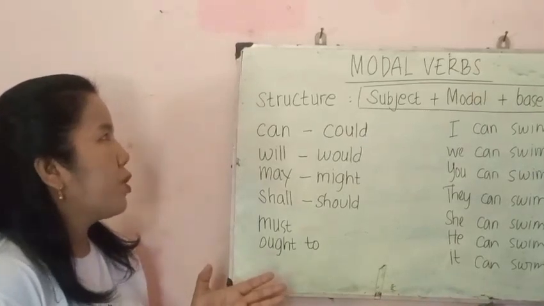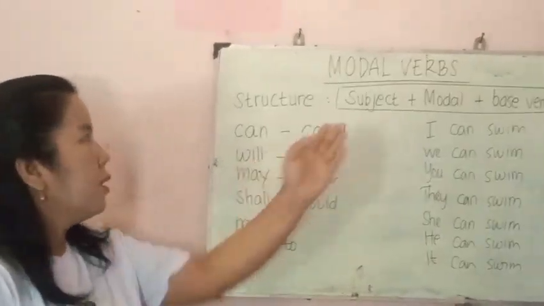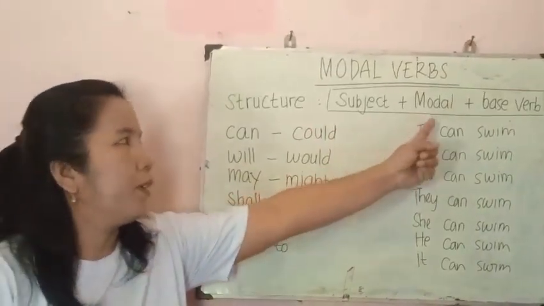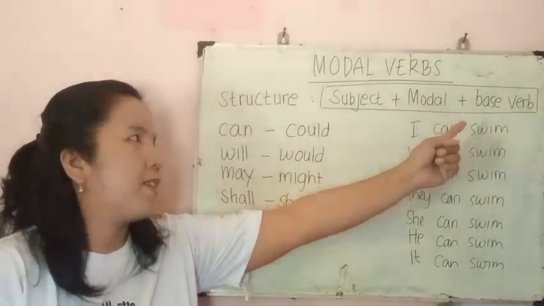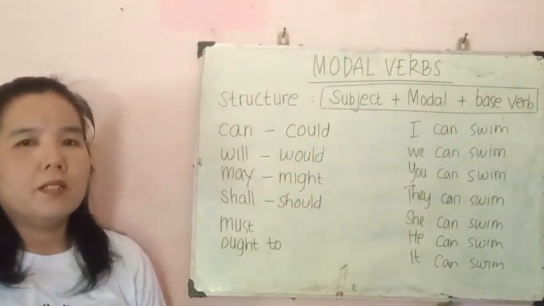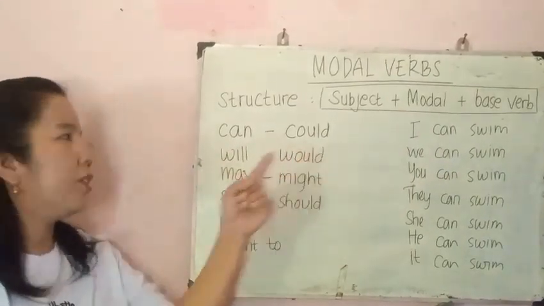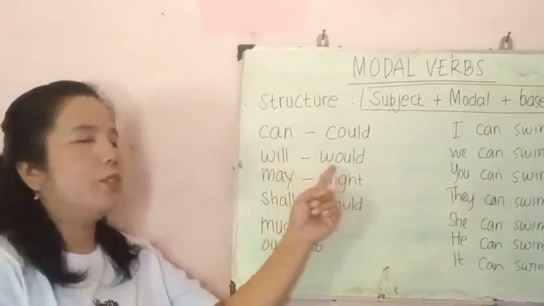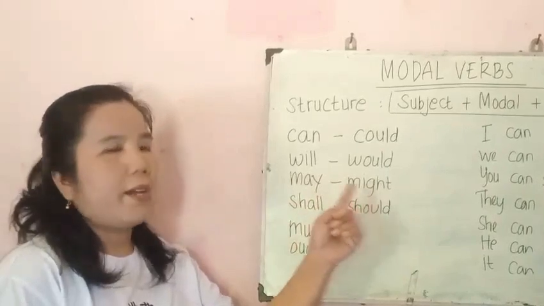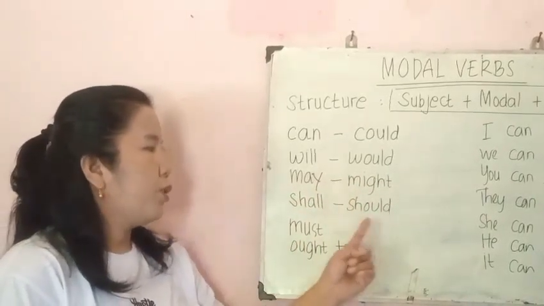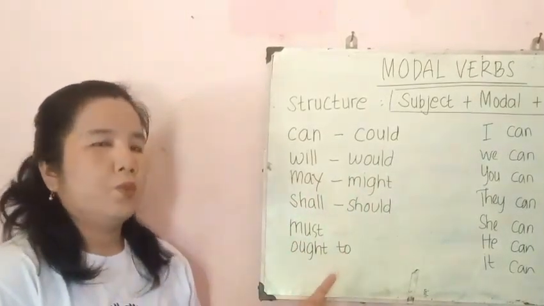The structure of modal verbs is subject plus modal plus base verb. The most common modal verbs are can, could, will, would, may, might, shall, should, must, ought to.